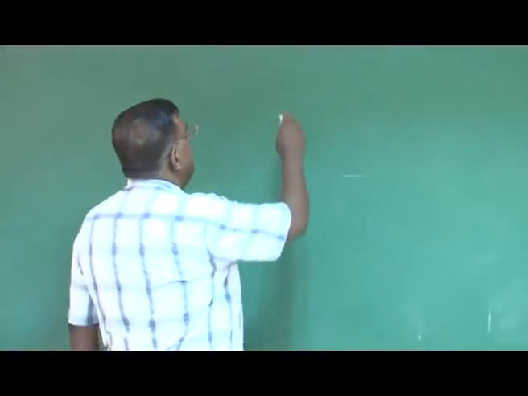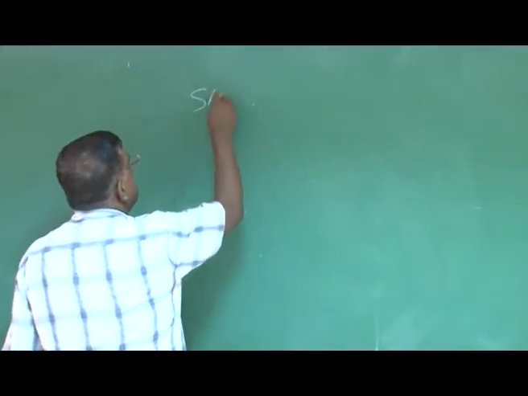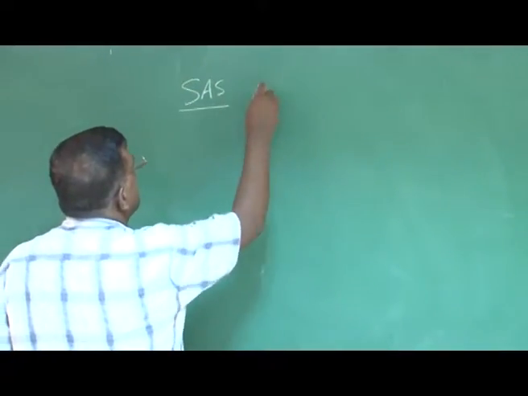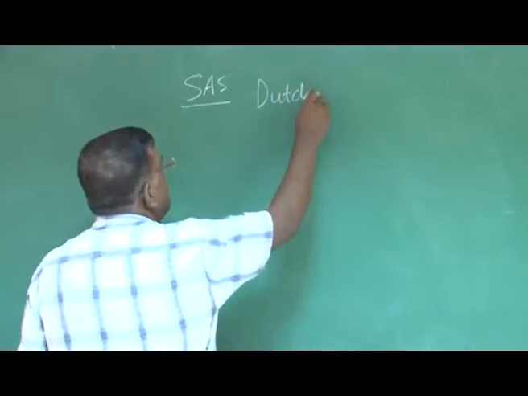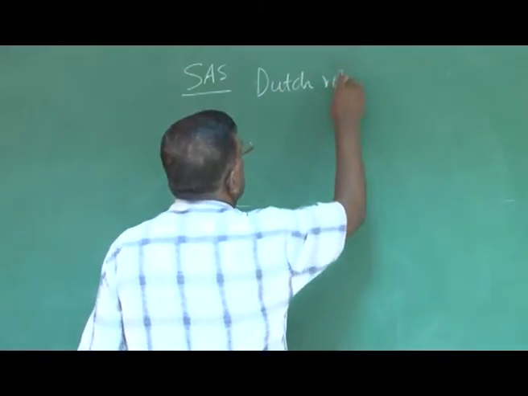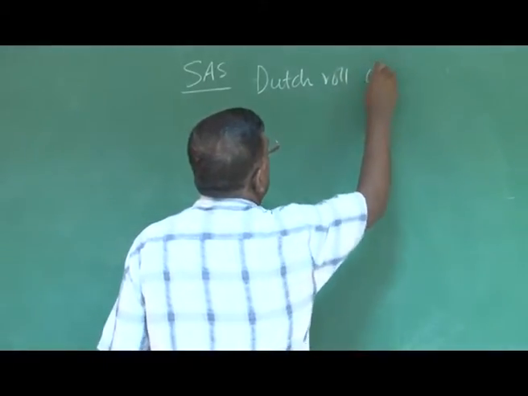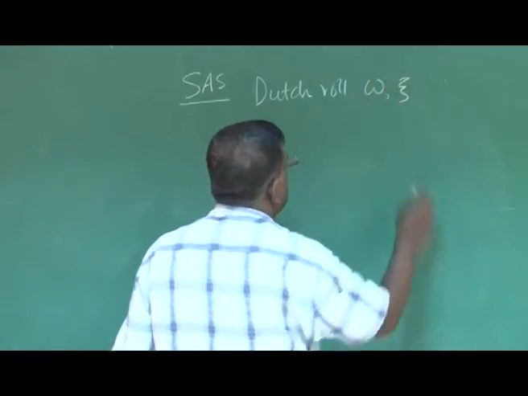Now let us talk about SAS, where we try to augment Dutch roll omega and zeta.